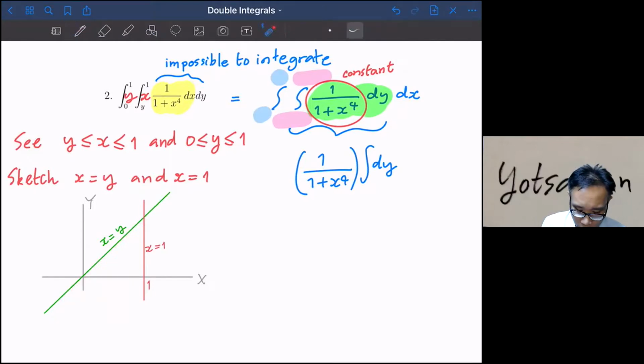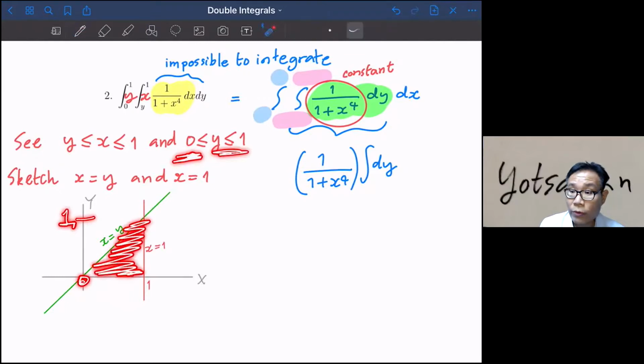You have to see the range of y. Y turns out to be from 1 down to 0. So y equal to 1 is here, y equal to 0 is here. So it means that you're only going to cover this region. So you're not going to cover everything. It's going to be just this triangle.